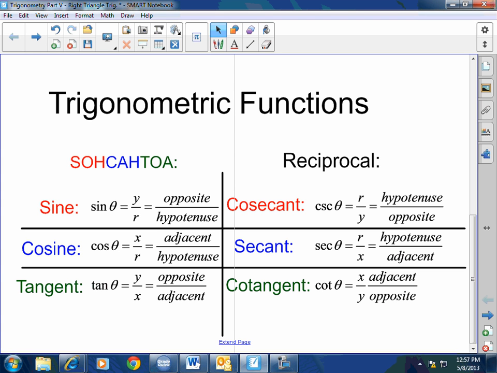And it's a reciprocal function, so it's hypotenuse over opposite. The cosine has a reciprocal function called the secant, which is hypotenuse over adjacent. And the cotangent is the reciprocal function of tangent, and it is adjacent over opposite. SOHCAHTOA, you got to memorize it, and you have to know which are the reciprocal functions for each.